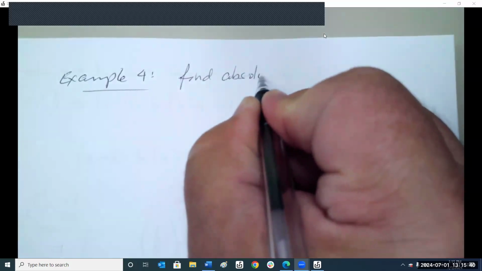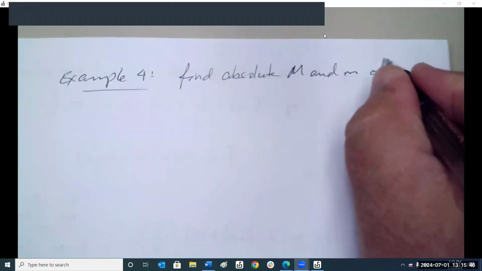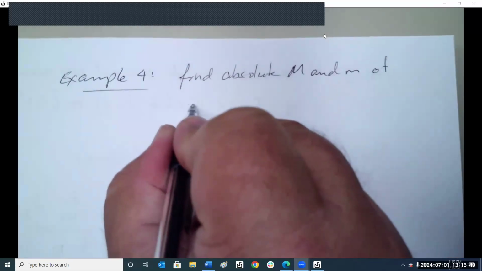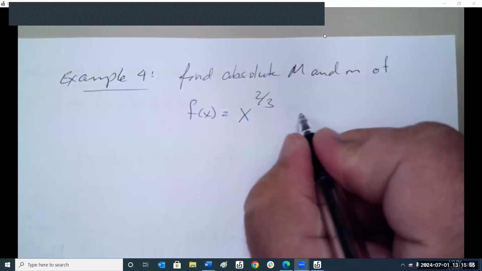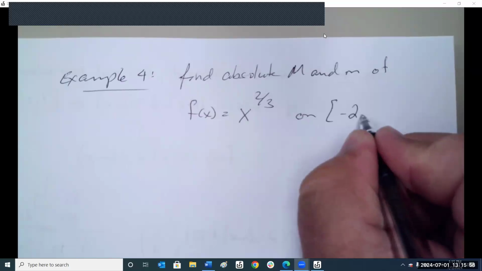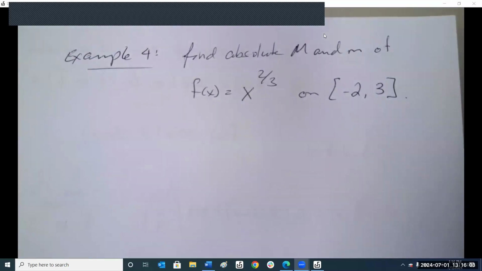Find the absolute max and min of f of x equals x to the 2/3 on the interval -2 to 3. This is a tricky one.